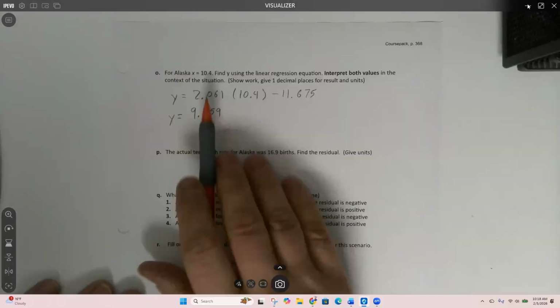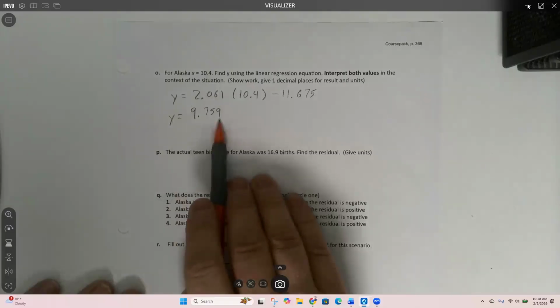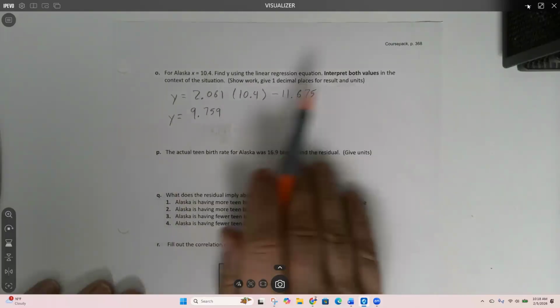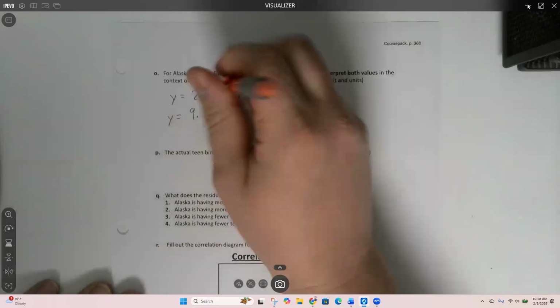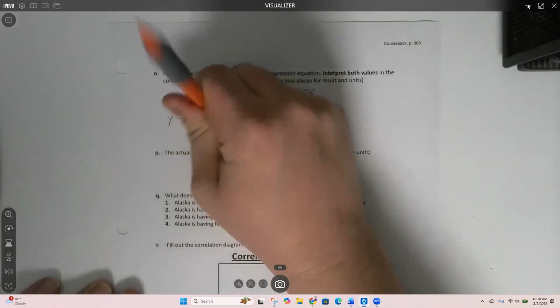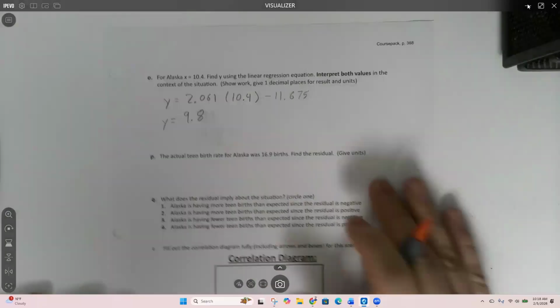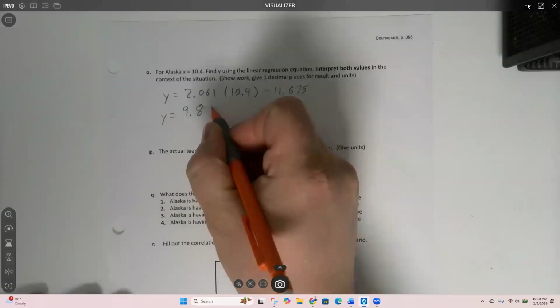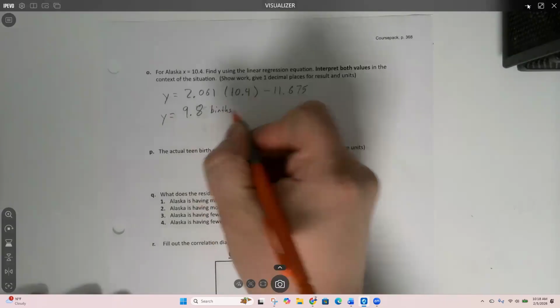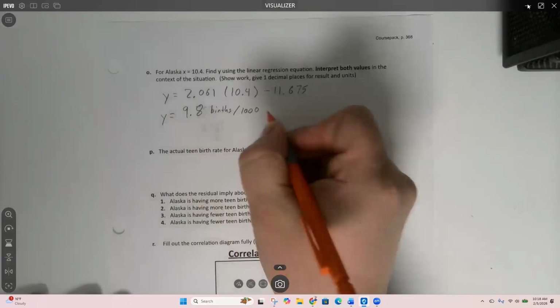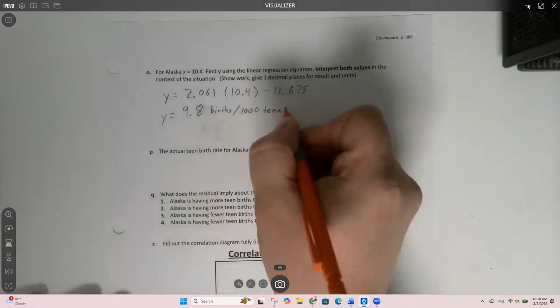All right. And our units here, don't forget units. Oh, give one decimal place. Okay, so it's 9.8. Births per 1,000 teens. That's the unit for Y.